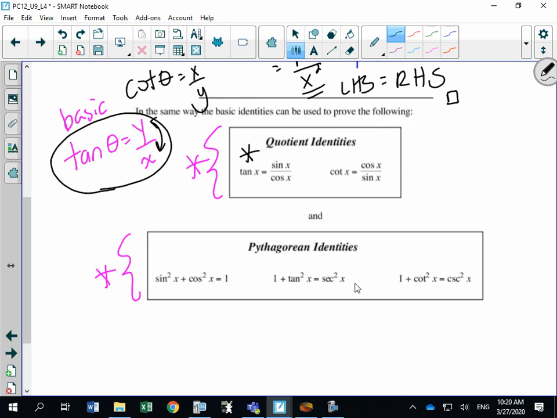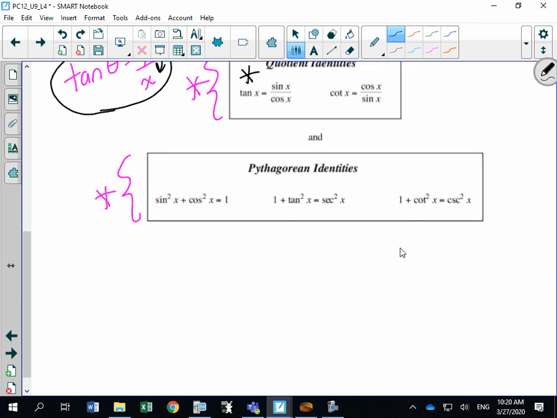Then there's these three Pythagorean identities. So these are what's going to take the most use to just sort of being able to identify these identities. I would say that this one is the most common one. Sine squared theta plus cos squared theta is equal to 1. But what you have to realize with all of these Pythagorean identities is they could be rewritten.